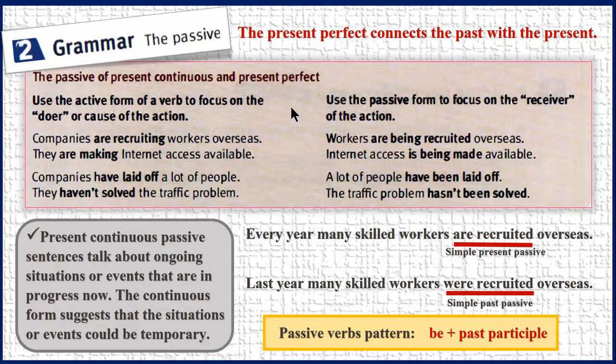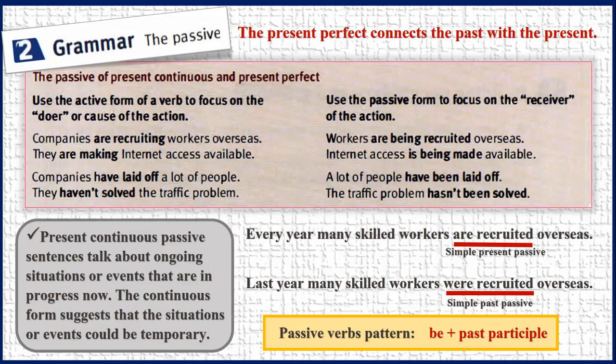Okay, people, this is the passive present continuous and present perfect. The passive of present continuous and the passive of present perfect. Now, present continuous passive sentences talk about ongoing situations. Like we were saying before, present continuous is an action happening at the moment, or probably a temporary action.